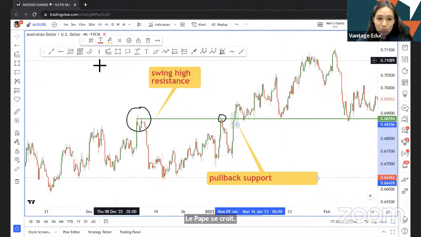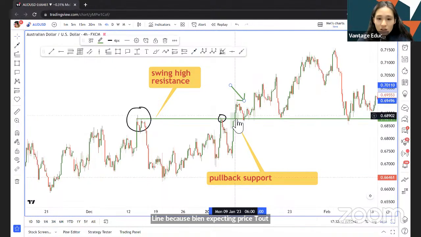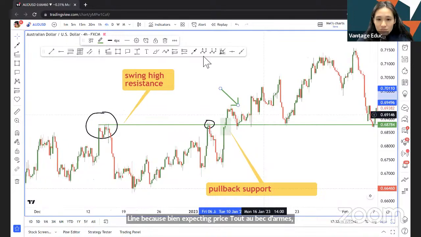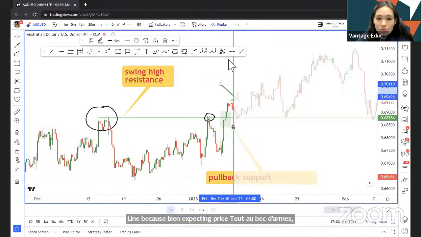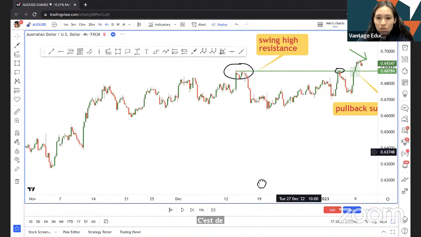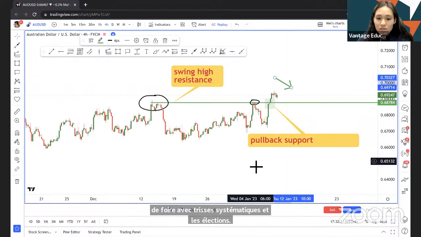Why? Because we are expecting price to go back down and retrace this same level. So before it retraces this level, it is a pullback support.